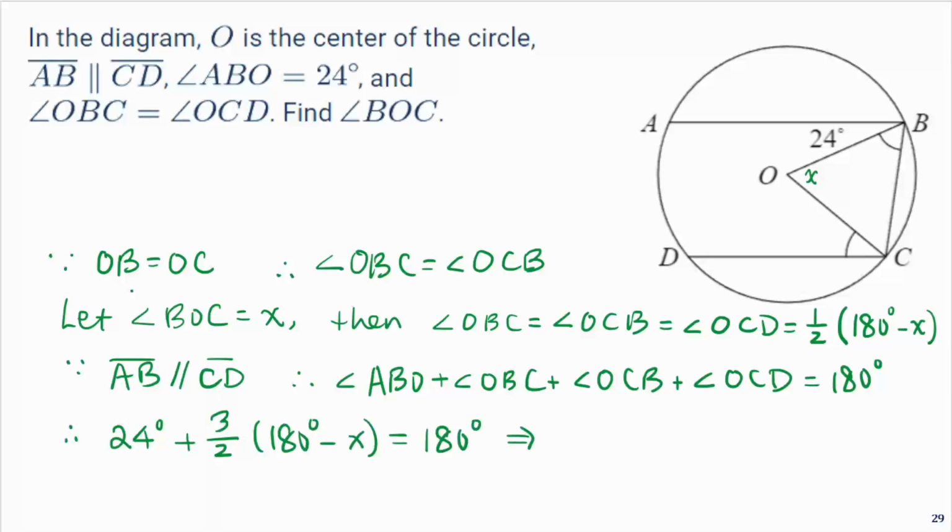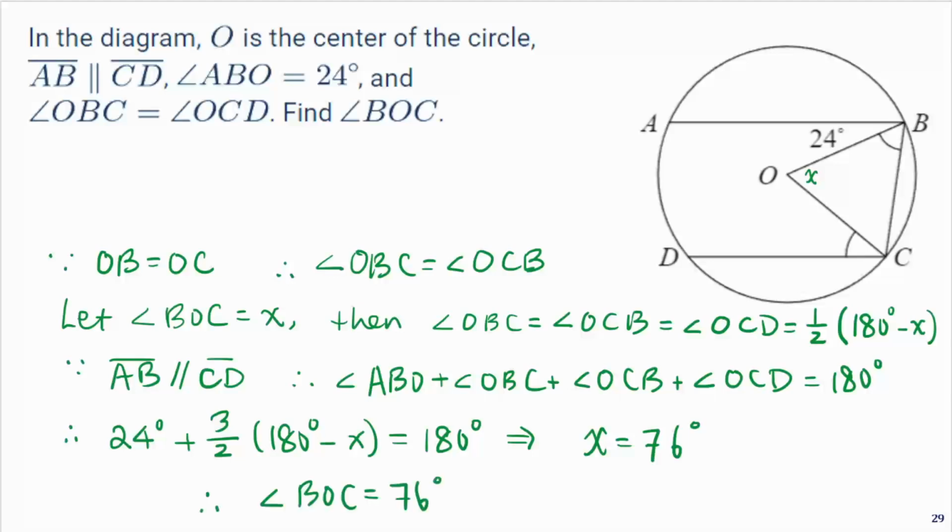And this gives you one equation in terms of unknown variable x, which we can solve: x is actually 76 degrees, right? So have a look at the solution here. Let me know if you finish, okay?